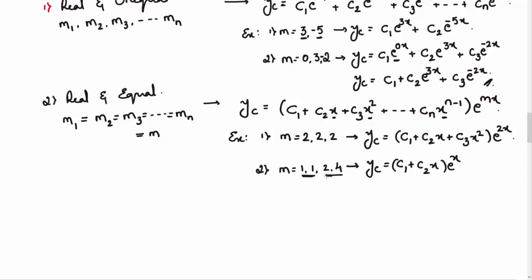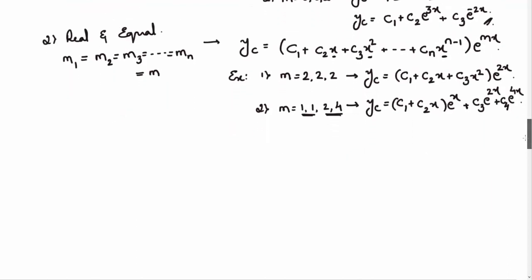And again 2 and 4, they are real and unequal, so for them we'll be writing in the first type. Like so, c1 is over, c2 is over, then the remaining two constants, that is c3 e to the power 2x plus c4 e to the power 4x. So this is the value of yc.